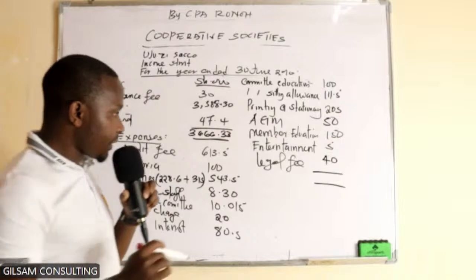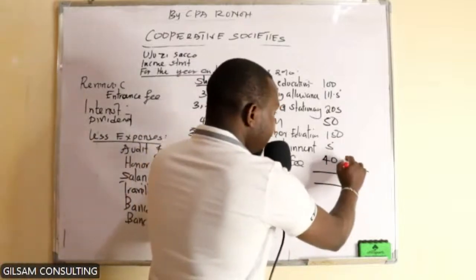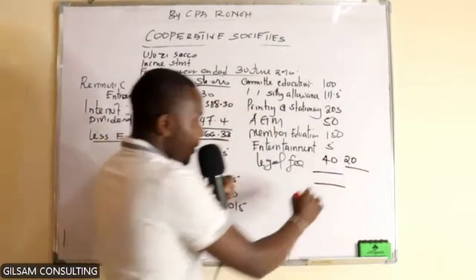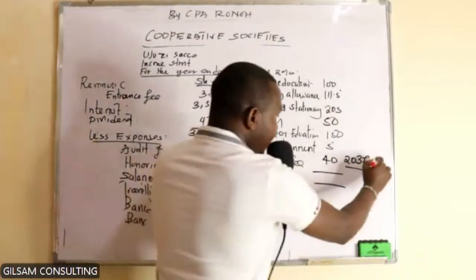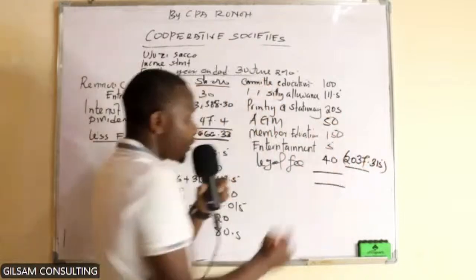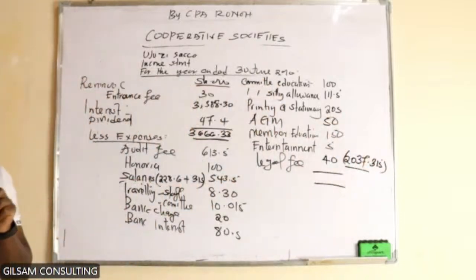This one I'm getting the total expenditure here is 20.7.315. So I don't know if you are getting the same figure. So kindly confirm if you are getting the same figure.